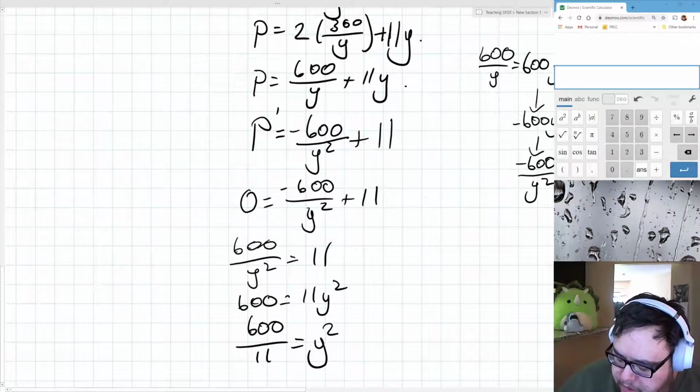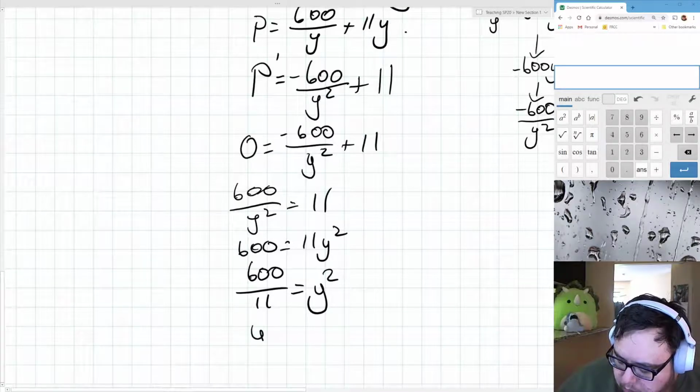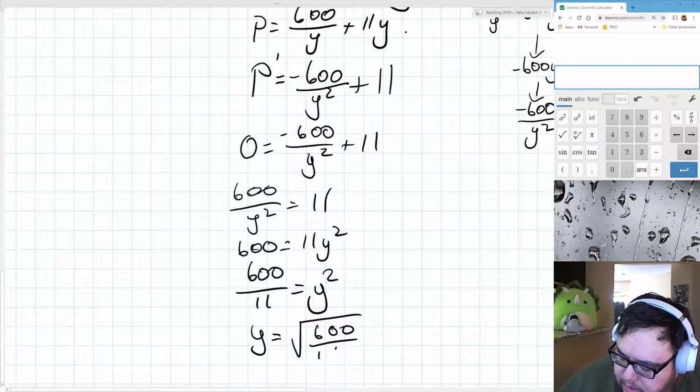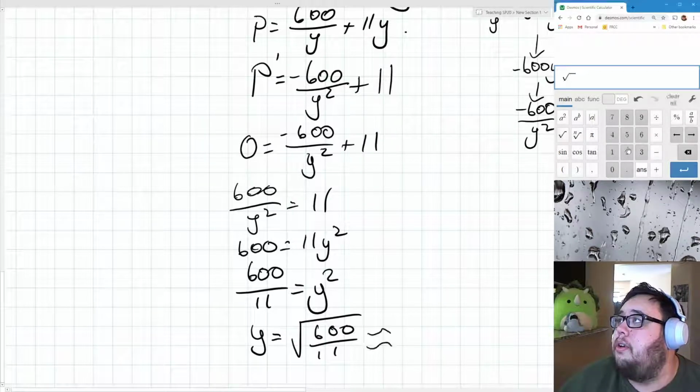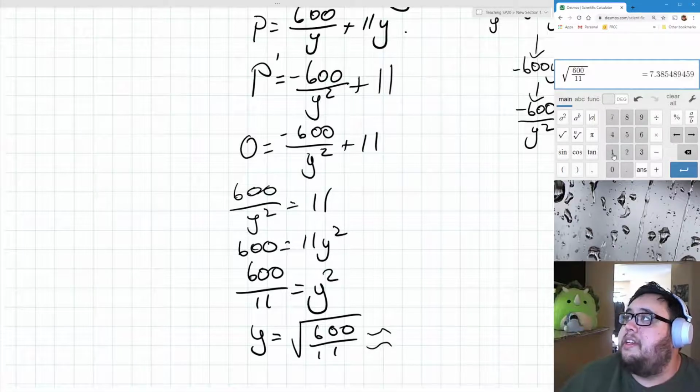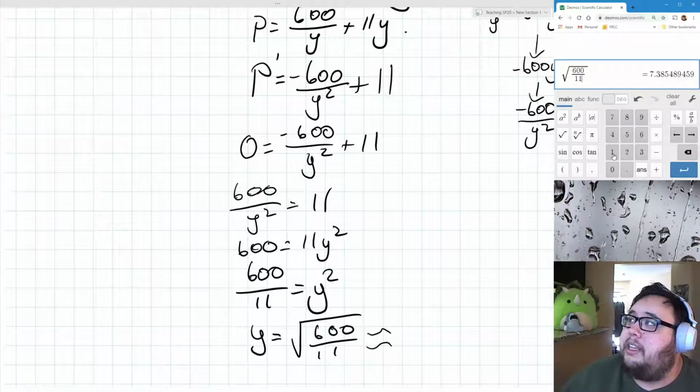Take the square root of both sides, and we end up with a critical point at y equals the square root of 600 over 11, which is something along the lines of 7.39.